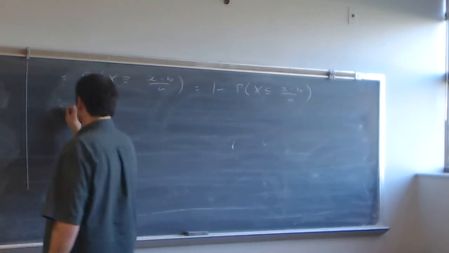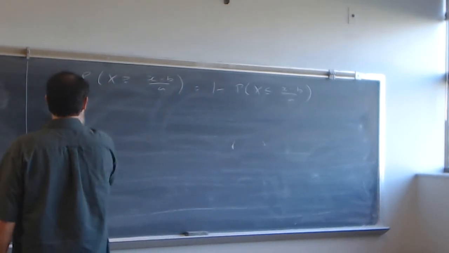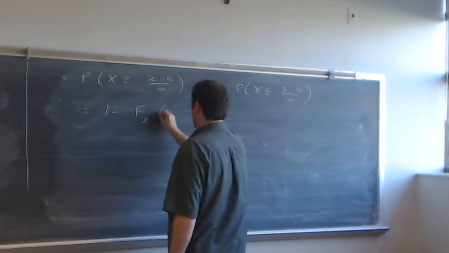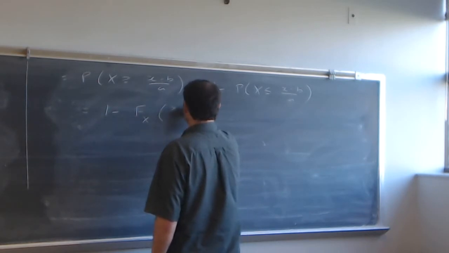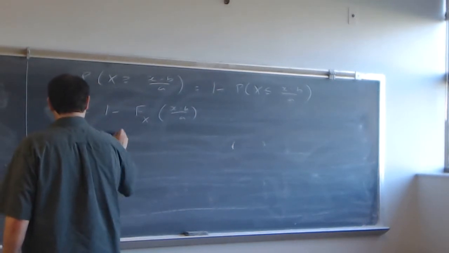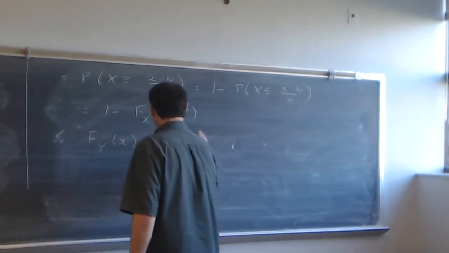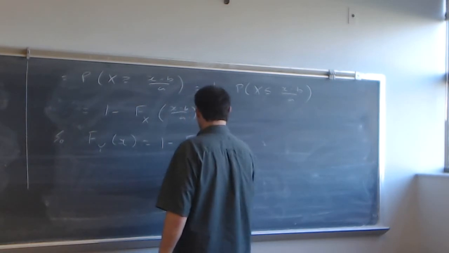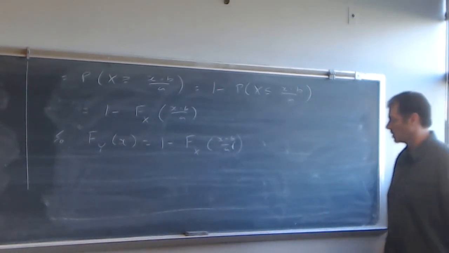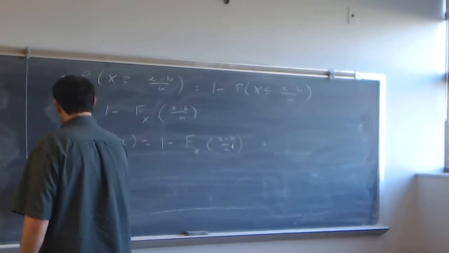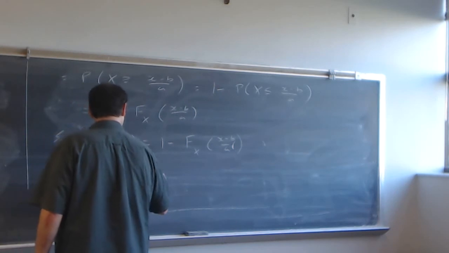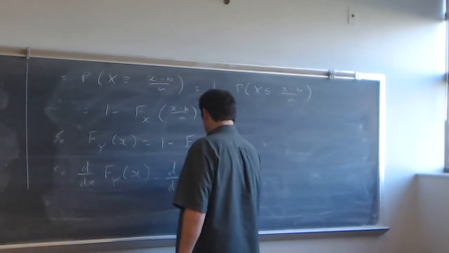So, well, I'll say that's equal to 1 minus F sub X, the CDF of that X random variable, evaluated at x minus b over A. So F sub Y of x equals, in this case, 1 minus F sub X of x minus b over A. So the derivative with respect to x of both sides of F sub Y of x equals the derivative with respect to x of this quantity.